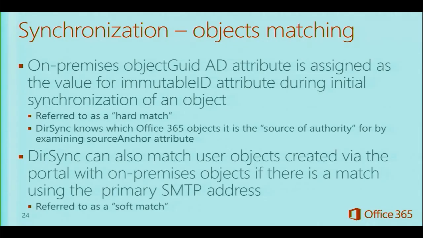And the way we do that refers to what we would call the source of authority. That is the source that determines what that object is, who owns it, and really what it's matched with between the cross-premises environment. And again, when you download this deck, I've given you links that explain what the source of authority is and the mechanisms by which we do the hard and soft matches.